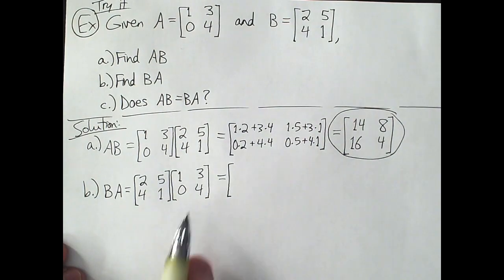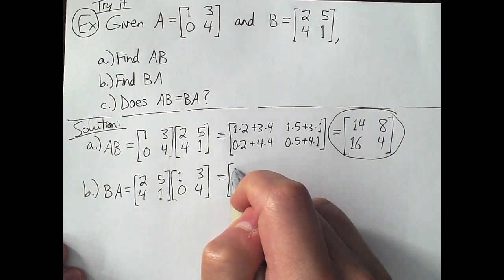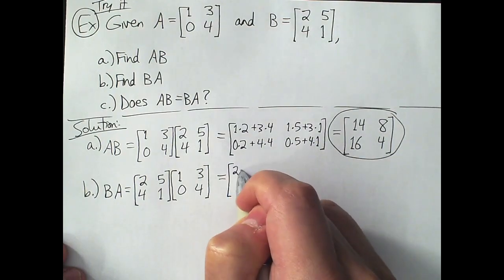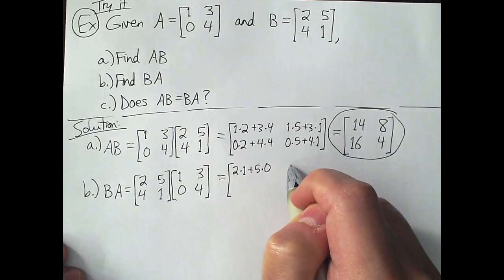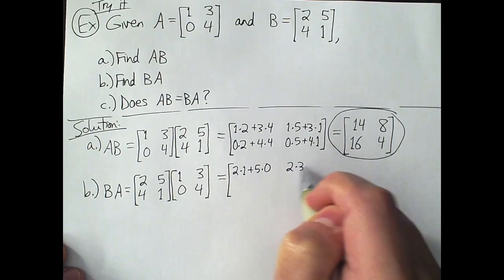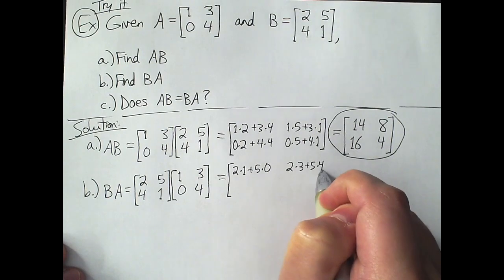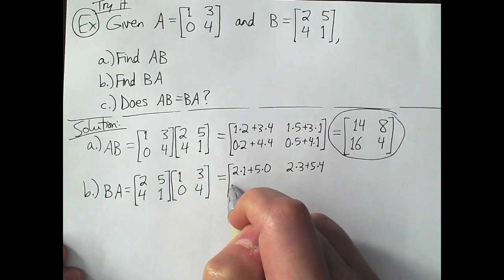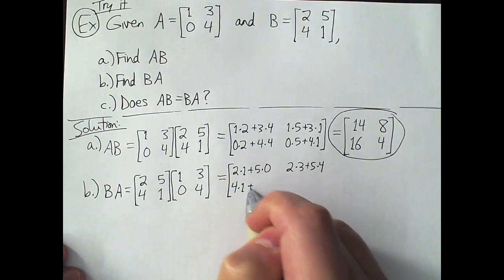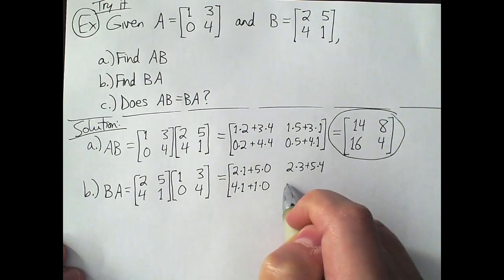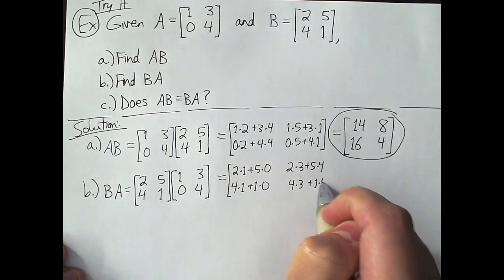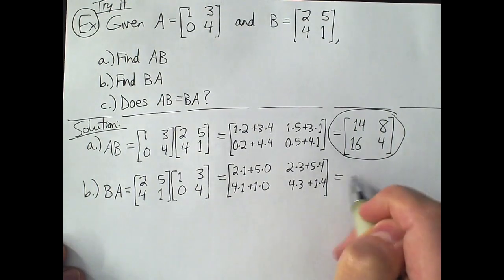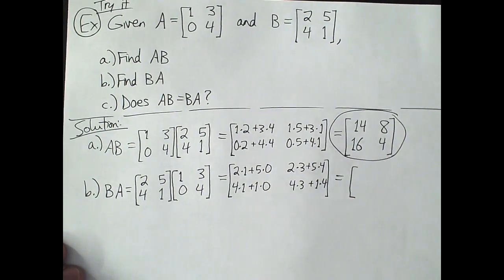But when I put them side by side in the correct order, it helps. So we need to do 2 times 1 plus 5 times 0. Over here, I need to do 2 times 3 plus 5 times 4. Over here, 4 times 1 plus 1 times 0. And here, 4 times 3 plus 1 times 4. And then I need to see what it gives us as a result.